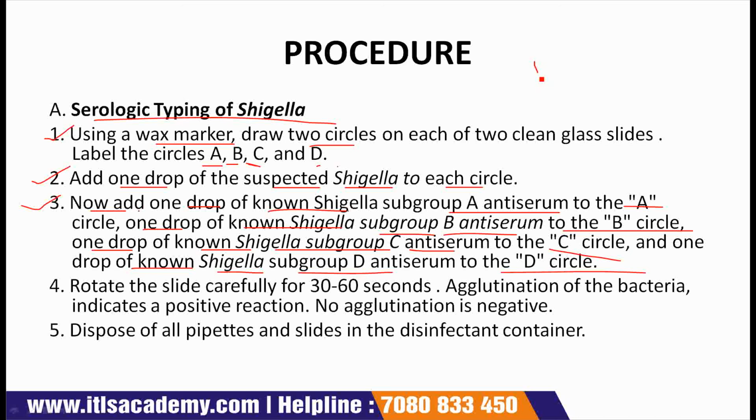This can look something like this. If these are circles, you have to put group A antiserum to the A circle while group B antiserum to the B circle.